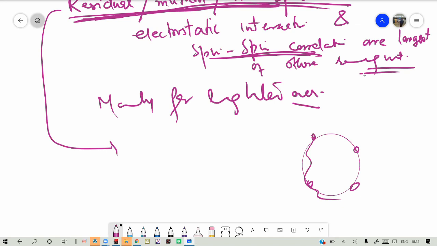Due to orbital motion, there is an electrostatic interaction, that is repulsion, between each of these electrons, and when they have this repulsion, they can have a spin-spin interaction between them. The electrostatic part is due to orbital angular momentum, and the spin part is due to the spin magnetic moment.